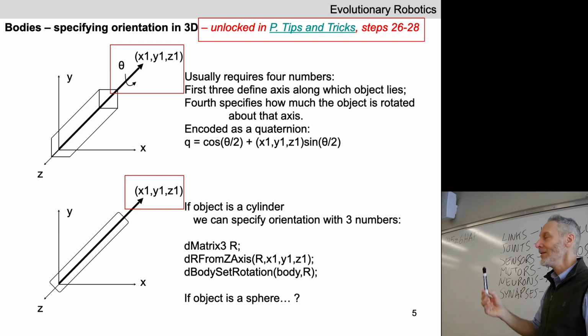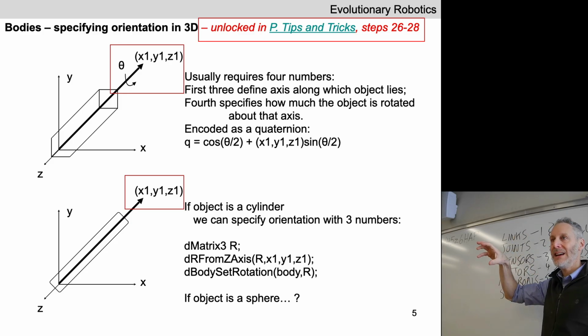So again, we've hidden this detail from you. When you created links in assignment 1, you did not set the orientation of that object. If you do want to play with the initial orientation of objects, you can skip ahead to module P in the subreddit. There's a bunch of tips and tricks there.